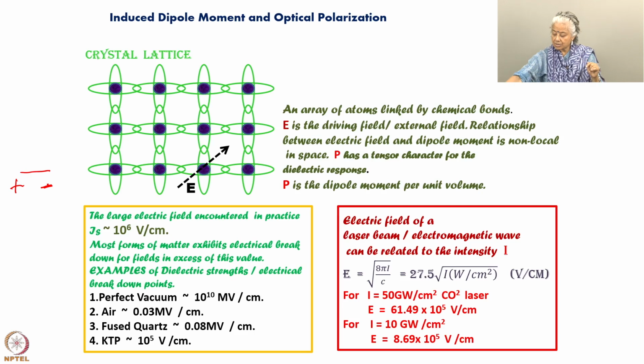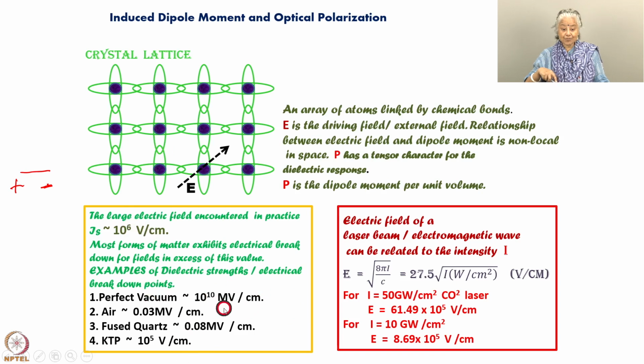a few media. So, first thing is the perfect vacuum I have just taken. Perfect vacuum breaks down at 10 to the power 10 megavolt per centimeter. Here, this is 10 to the power 6 volts, so 1 megavolt. This is 10 to the power 10 megavolt per centimeter.